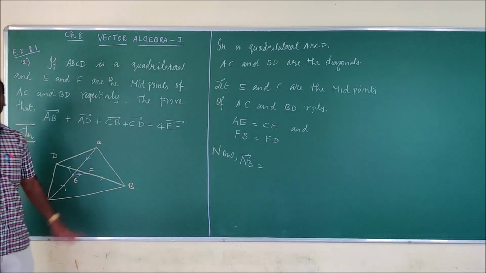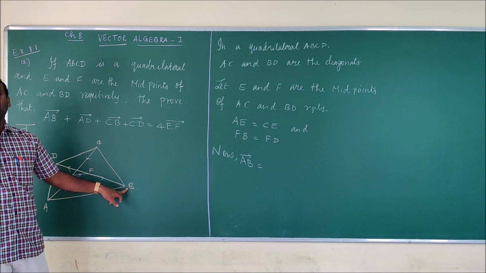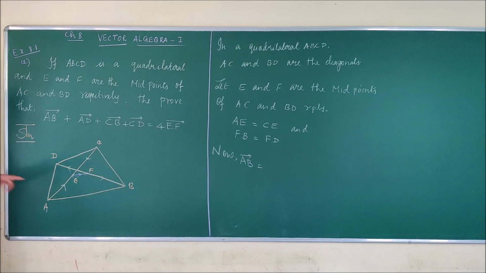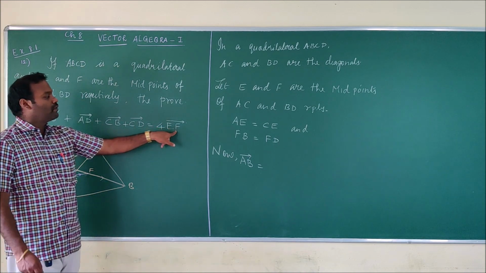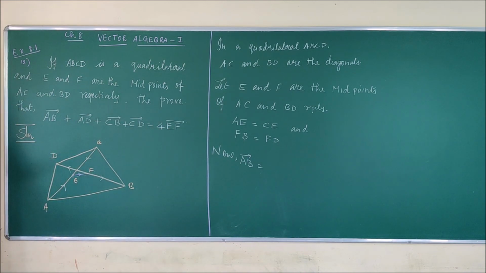AB vector means you have 2 points, a starting point and an ending point. I have to start with A and end in B, but strictly you have to go through E and F, because the thing you have to prove is the EF vector.